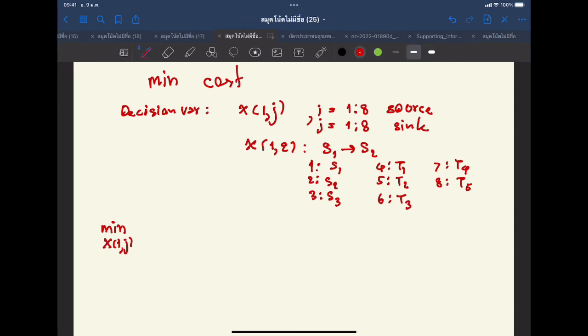And now we write the minimum cost, right? So the cost is from the table.